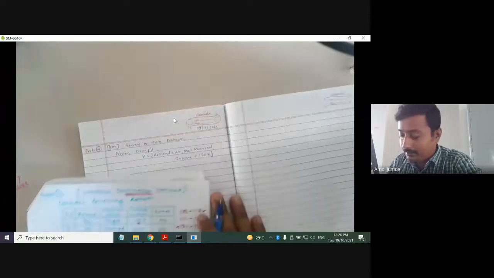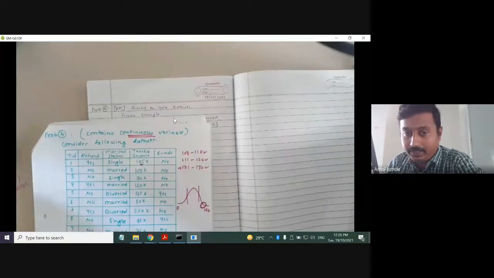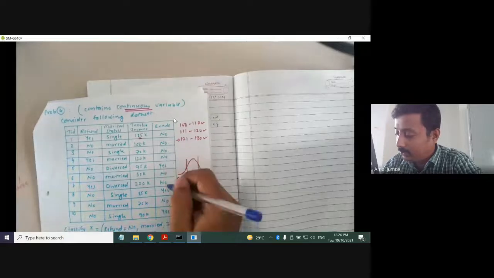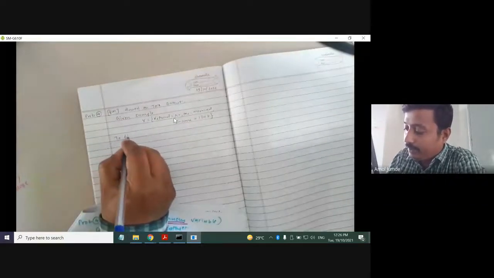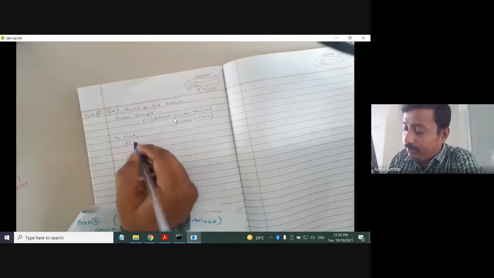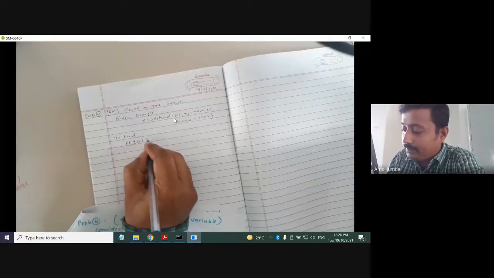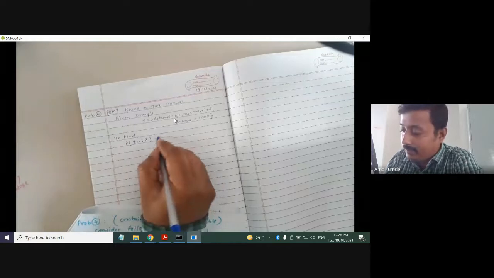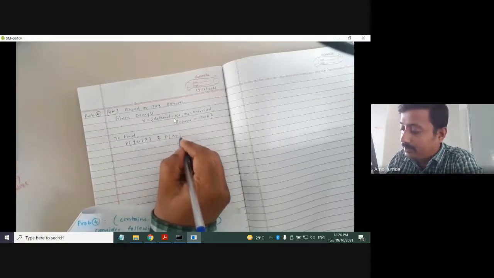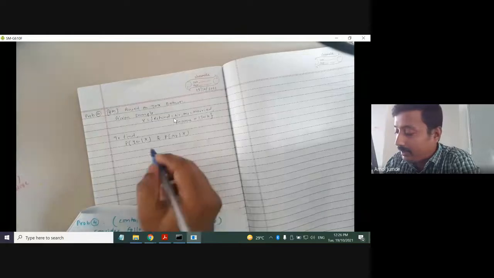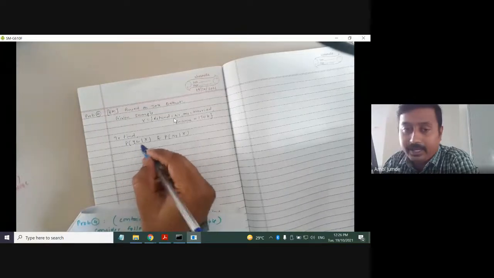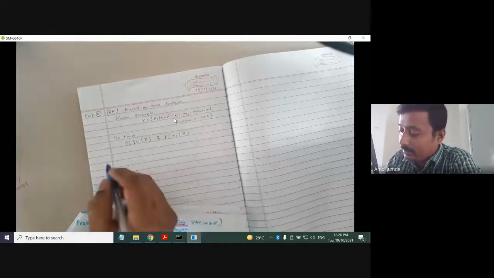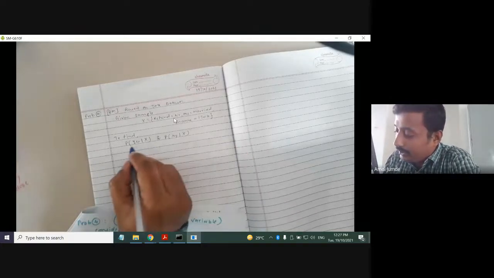This is the given sample and we want to classify it into two classes, either no or yes. So we want to find the probability of yes given sample X and the probability of no given sample X. We will classify this sample to the class which has the higher probability. So we'll continue with this.